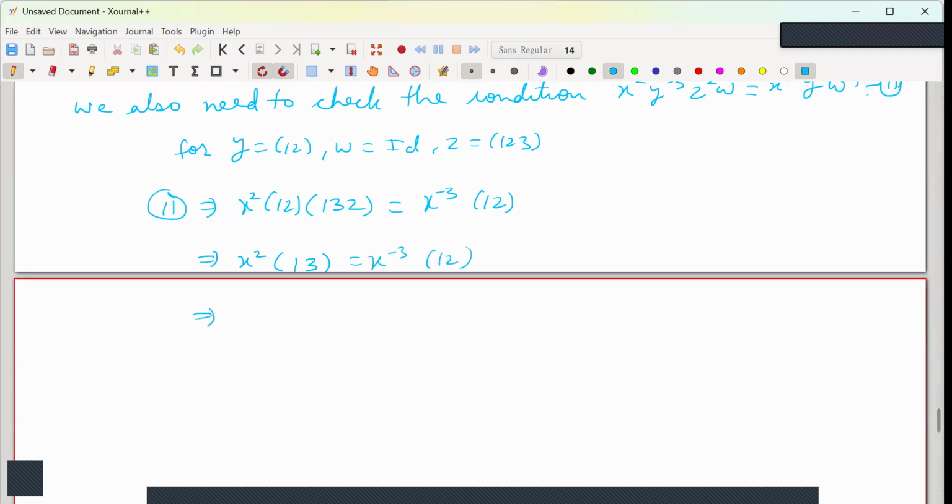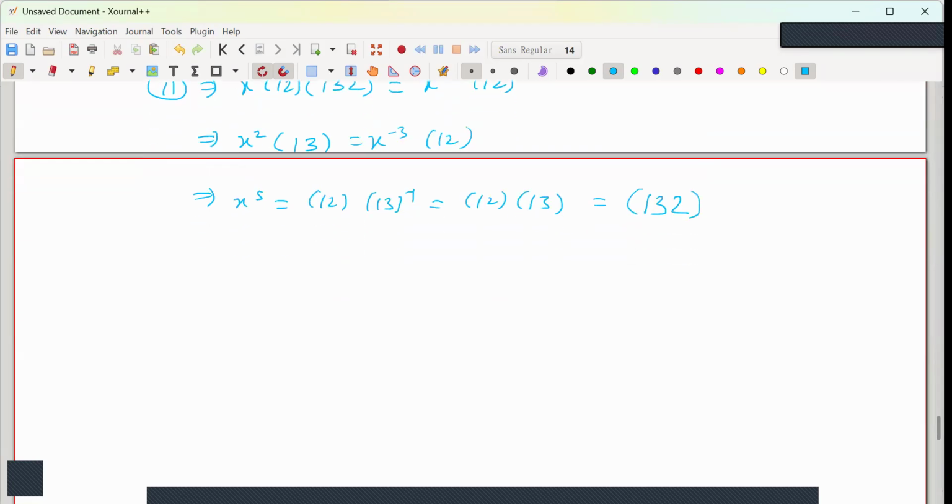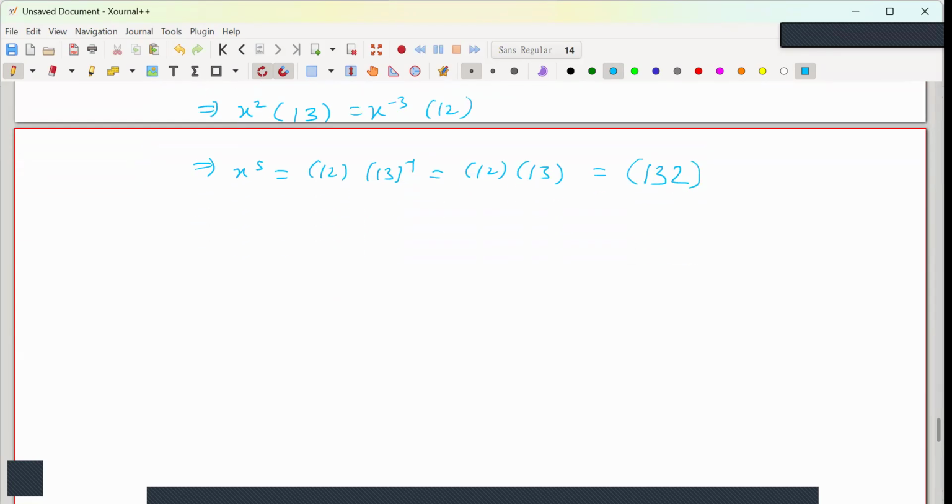So this implies x5 is 1 2 1 3 inverse, but 1 3 inverse is just 1 3, which is 1 goes to 3, 3 is going to 1, 1 is mapping to 2, so 3 2, 2 goes to 1. Now, if we get an element in S3 such that x5 is this 1 3 2, then we are done, right?